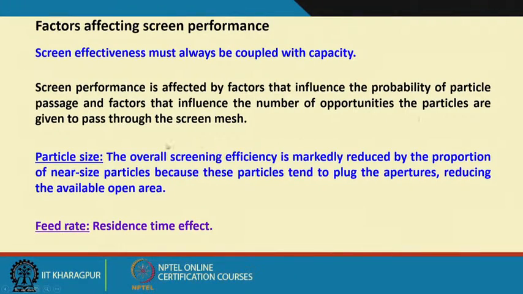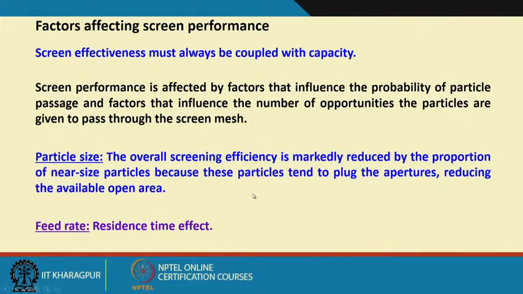I keep on hammering this: how many times each particle class gets the opportunity to interact with the aperture to finally decide whether it is finer or coarser than that aperture. These are the factors that influence the number of opportunities the particles are given to pass through the screen mesh. So, one is particle size.